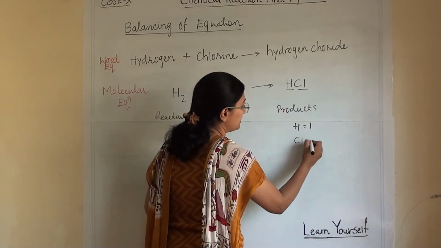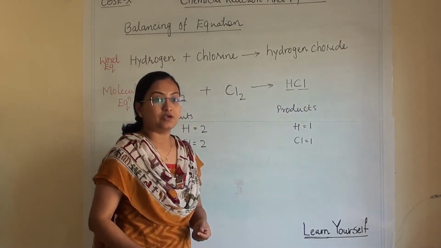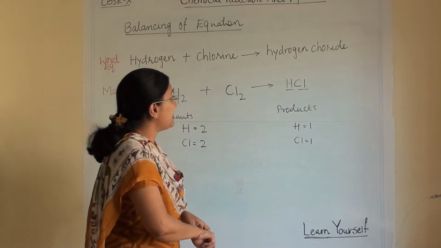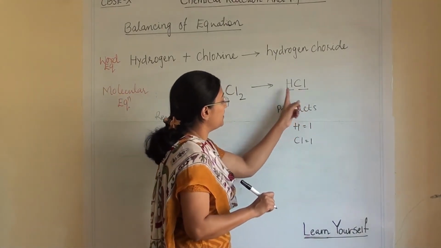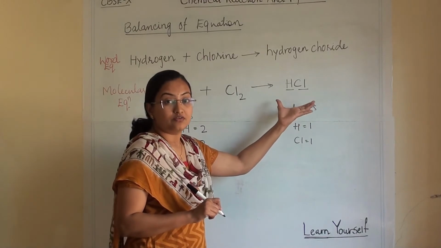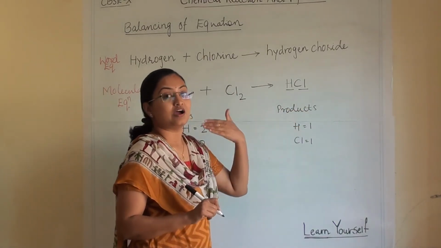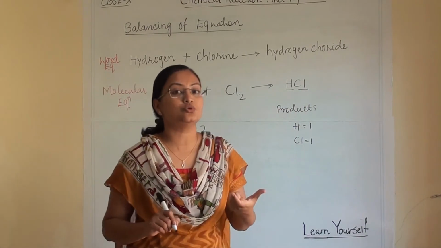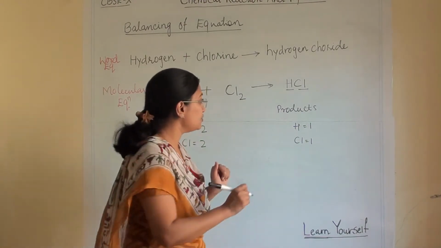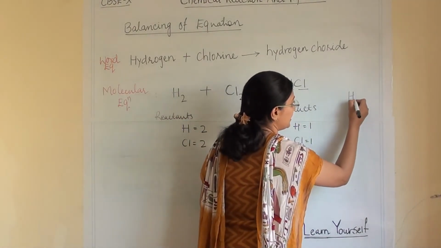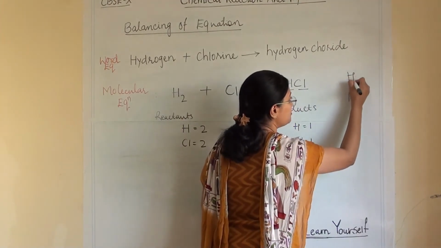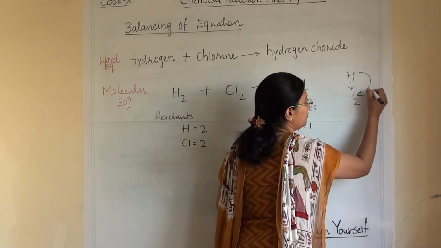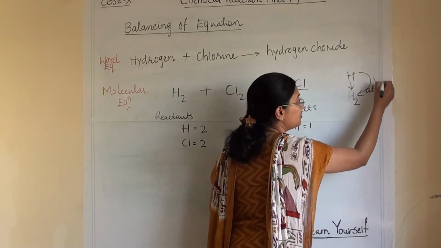1, and chlorine 1. One more important point: when you are balancing an equation, you cannot change the subscripts. When you have completed writing a molecular equation, after that you cannot add anything down there. You can always add molecules, but you cannot add atoms. When you go from H to H2, it suggests that you have added one atom of hydrogen, which you cannot do.